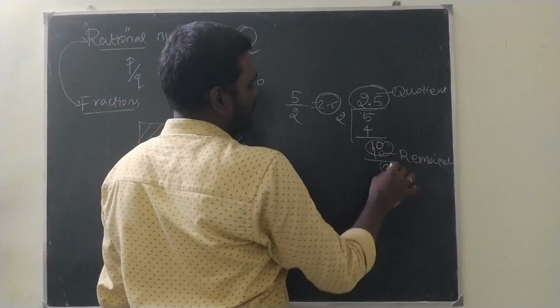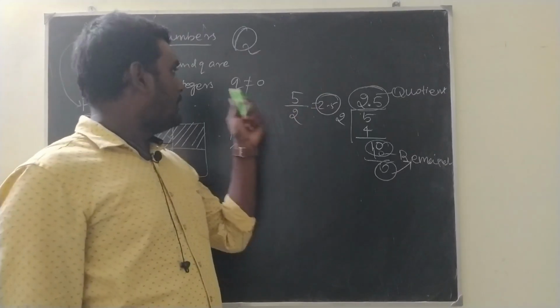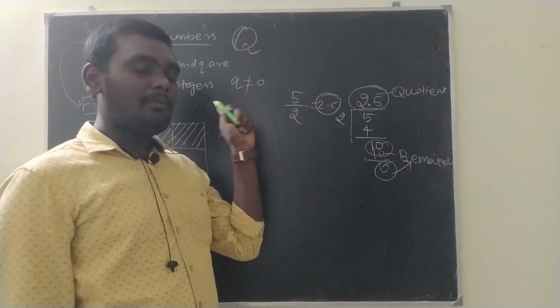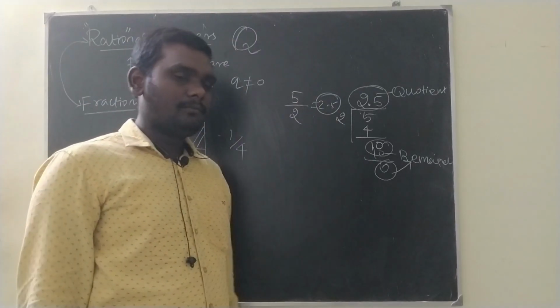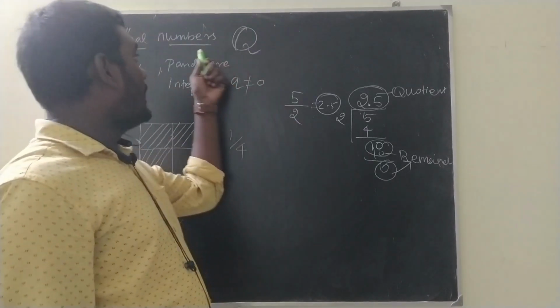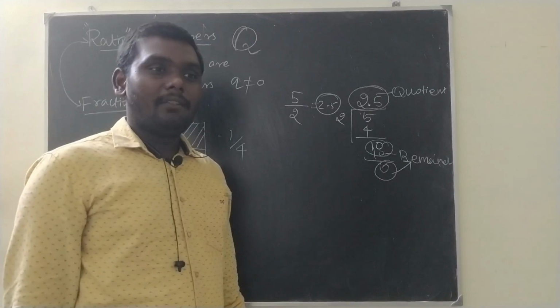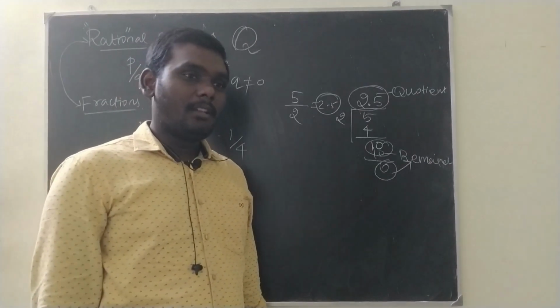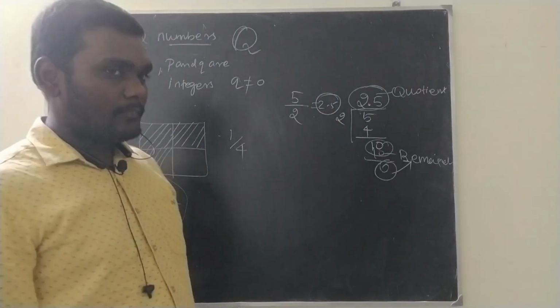So here again 10, 0 will come. So all these numbers are nothing but a quotient of a division. That is why rational numbers are denoted by Q, which is the first alphabet in the word quotient. Okay, clear?